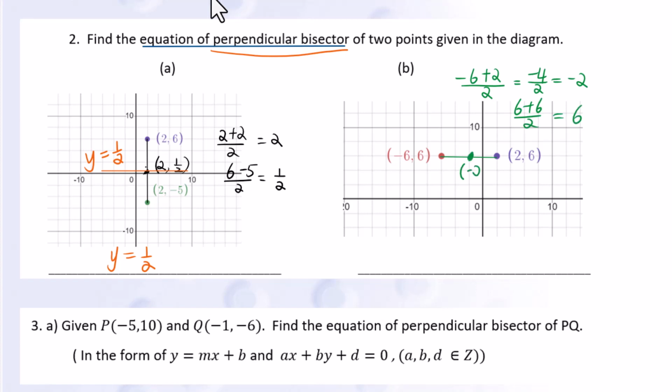This is the midpoint. The perpendicular bisector will be a vertical line. x equals negative 2 is the equation of the perpendicular bisector.